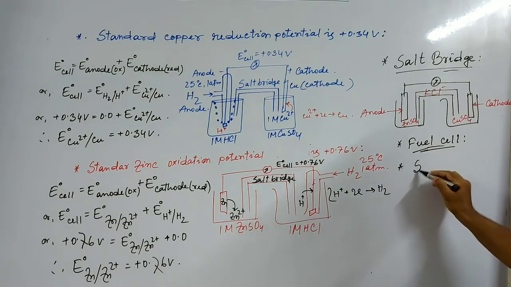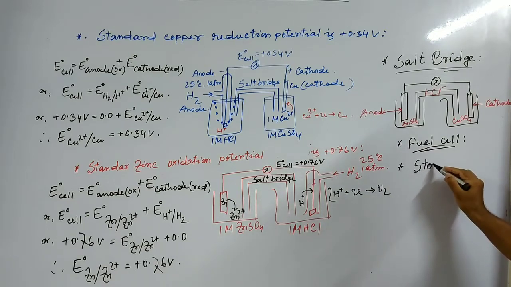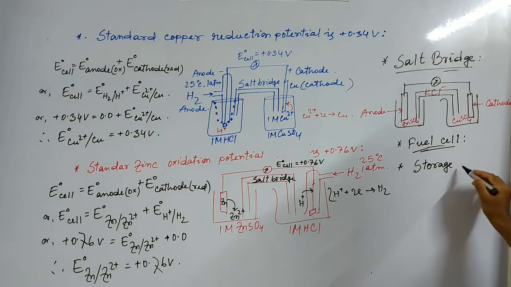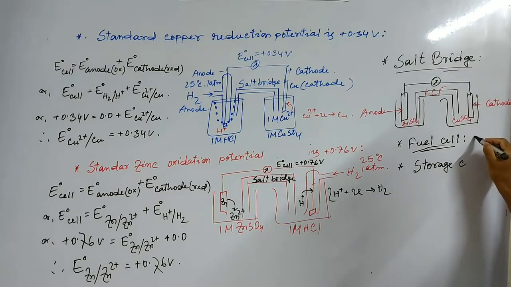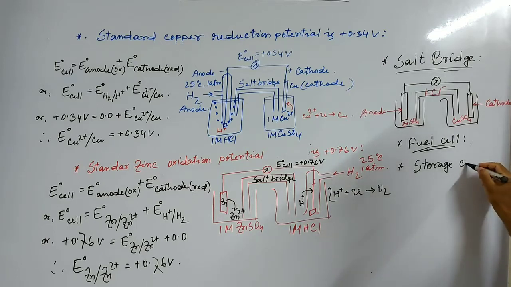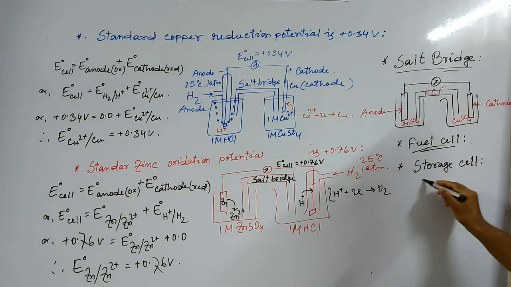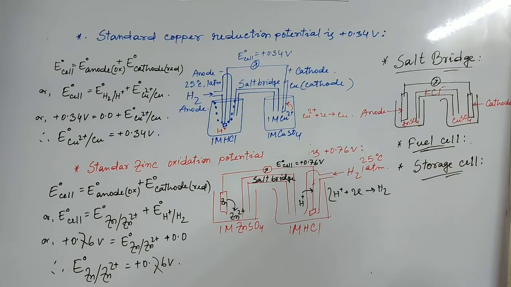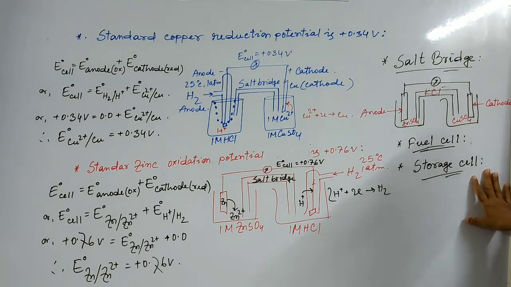And storage cell. Hydrogen fuel cell is an example of a fuel cell. Storage cell means, all of you know the lead storage battery, it is used in vehicles. It is a very common storage cell.